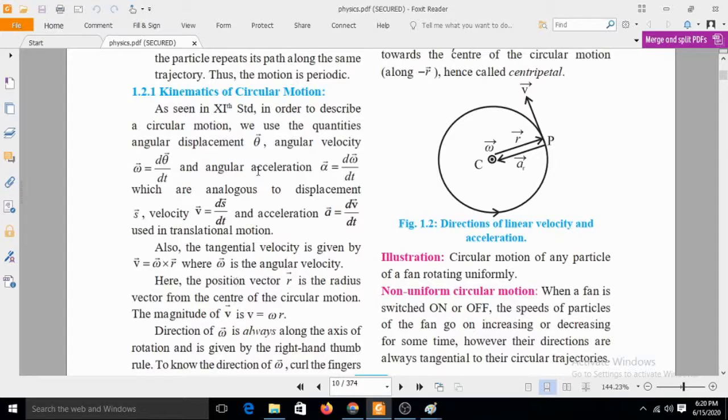Now, kinematics of circular motion. What is kinematics of circular motion?